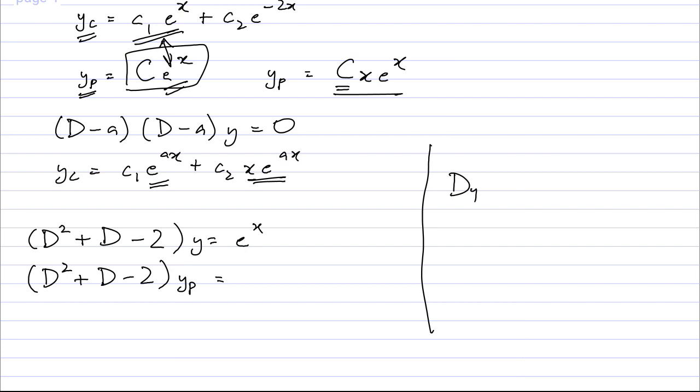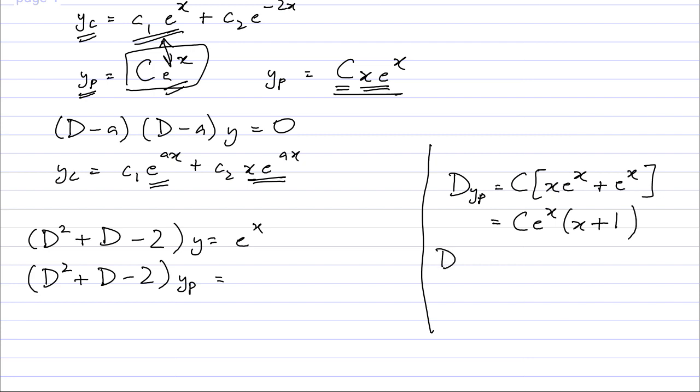D acting on yp is slightly more complicated because you have to apply the product rule. C goes outside, x goes outside, this is differentiated, plus this goes outside and x is differentiated, you get 1, so you get c e raised to power x, and you get x plus 1.